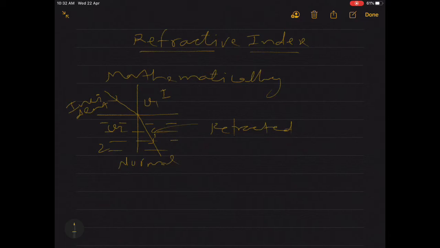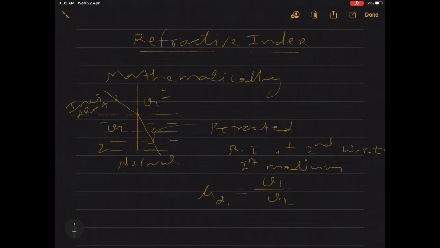Then the refractive index of the second medium with respect to the first medium, mu 21, is equal to V1 upon V2.